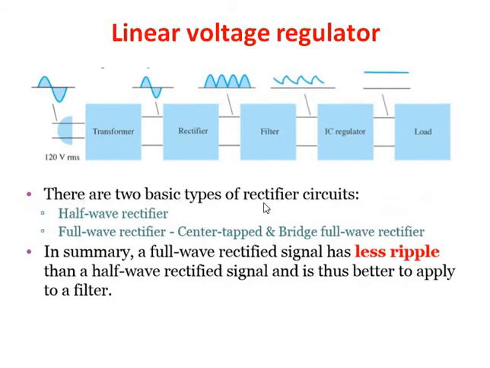So there are two basic types of rectifier circuit. First one is half wave rectifier, second is full wave rectifier. In full wave rectifier there are also two types, center tap and bridge full wave rectifier. Full wave rectifier has less ripple compared to the half wave rectifier.